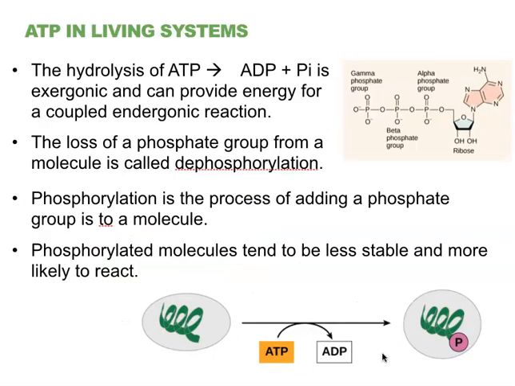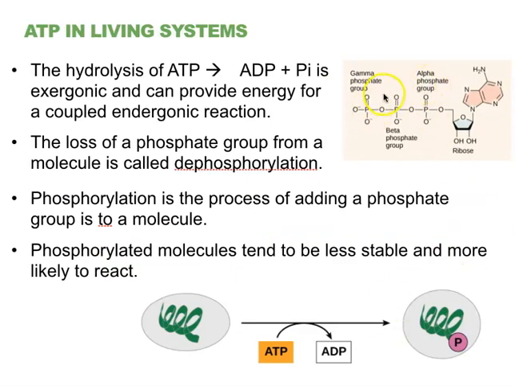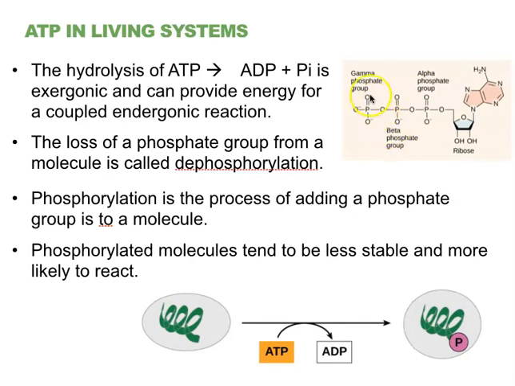Inside a living system, the hydrolysis of ATP releases energy into that system. Remember, we cleave this bond here, and we release that energy, and it drives reactions. The loss of a phosphate group is called dephosphorylation, and we're actually going to use this as a signaling system in the future. But right now, phosphorylation is the ability to add that, and phosphorylated molecules tend to be less stable and more likely to react, meaning they're unstable.